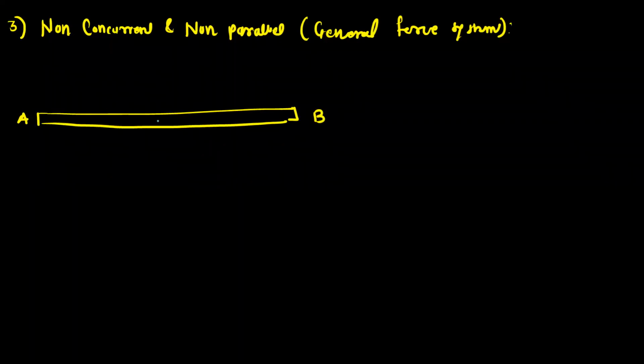So suppose we have the rod AB, and on this rod AB, we have forces like F1, F2, F3. And there is one moment, that is a couple, present in the system. Let us take this couple as M1.